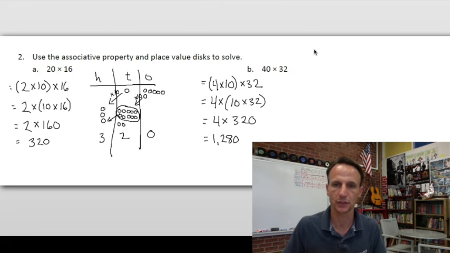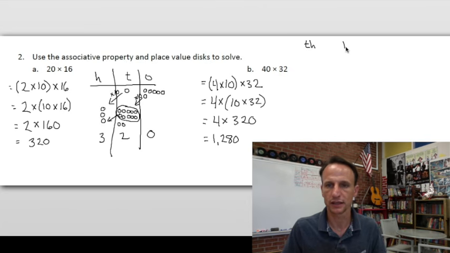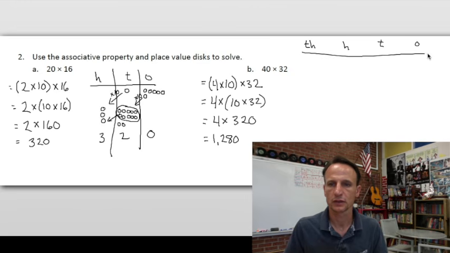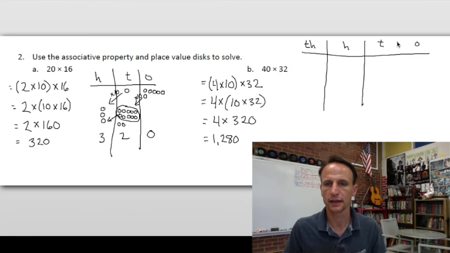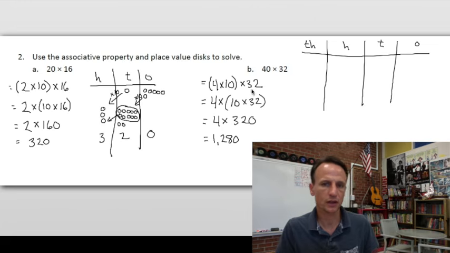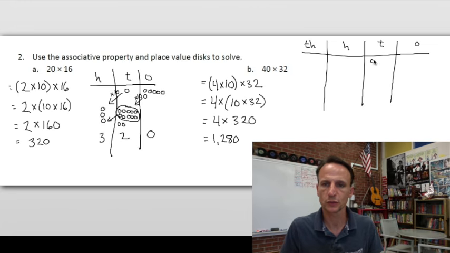So let's make our happy little chart. I'm going to start it up here to conserve space for myself. So I'm going to need thousands, and then hundreds, tens, and ones. And there, and there. So I started off with 32, right? 1, 2, 3 tens, and 2 ones.